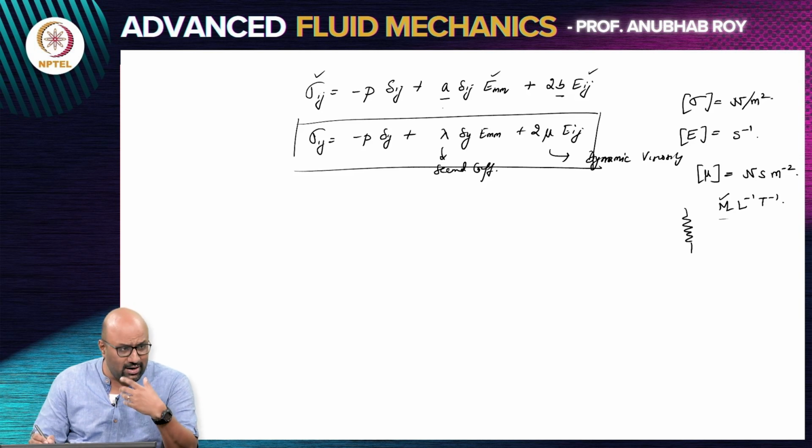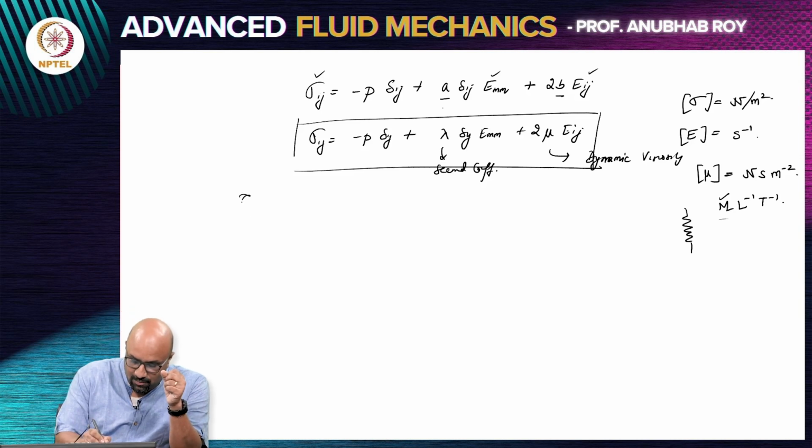And as I already went through, this is a very good assumption for systems which are water-like. And now you know what you mean by water-like. By water-like, I am basically trying to say that the relaxation time scale in the underlying fluid is very small.